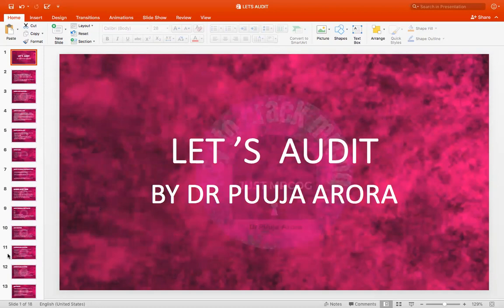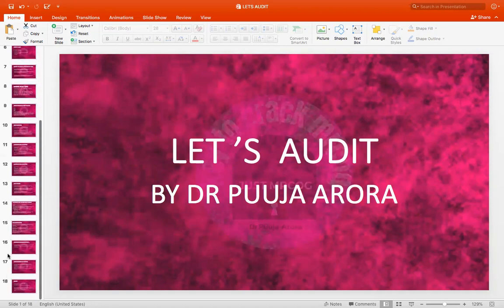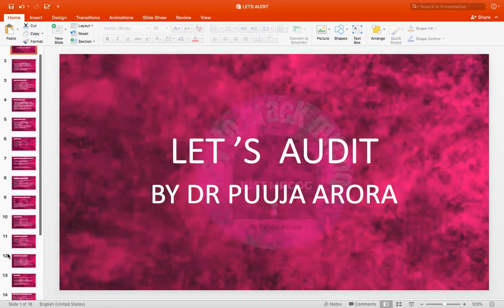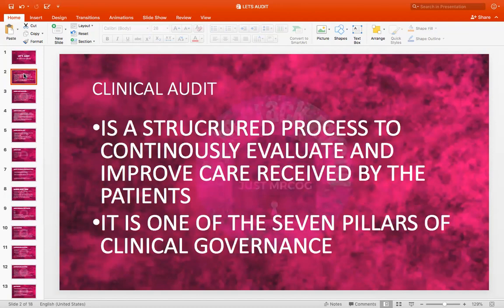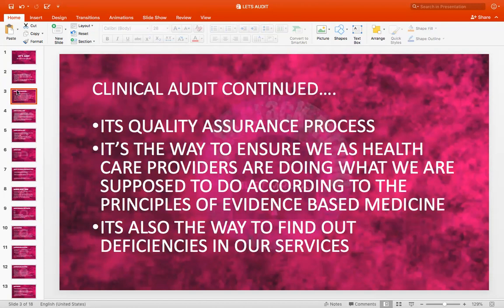Anybody else who wants to take a picture or wants me to show something? Ma'am, slide number 2nd and 3rd. Kindly show slide number 2nd and 3rd. Ma'am, 15, 16, second, please. And third. Okay, but with a unique identification number.